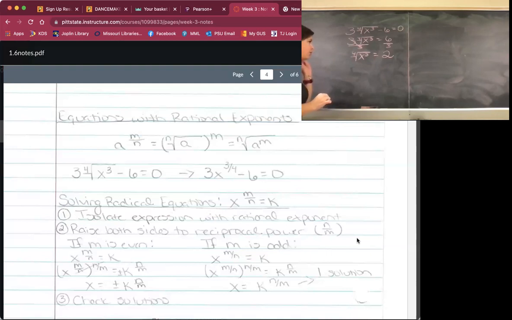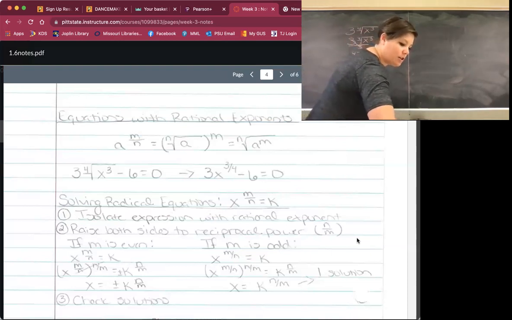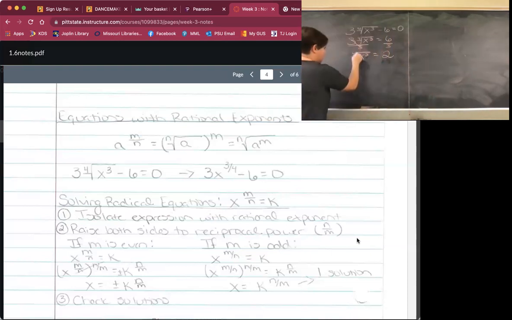Now I have the fourth root of x to the third equals 2. Remember, the top number of your exponent is the one that's with your variable, and the number that was on the bottom is the one out front. So I usually think of this number as the one coming around to go to the bottom. So it's x to the 3/4 equals 2.